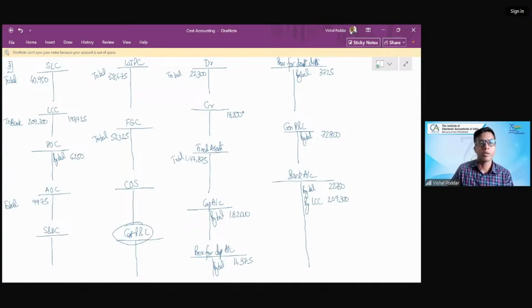Now this will go to WIP, the direct wages portion. Indirect will be transferred to POC, and this account will be closed. So to LCC, the indirect portion 11,375, and here to LCC, the direct portion, that is 197,925. Correct?